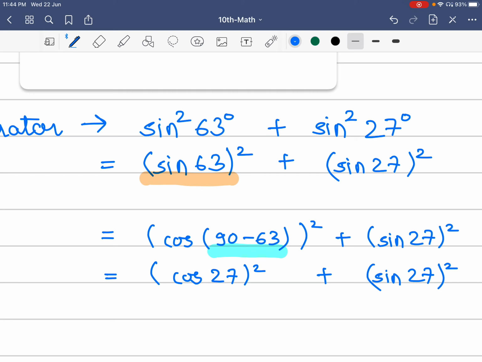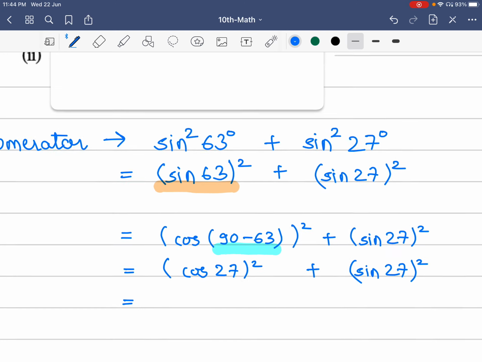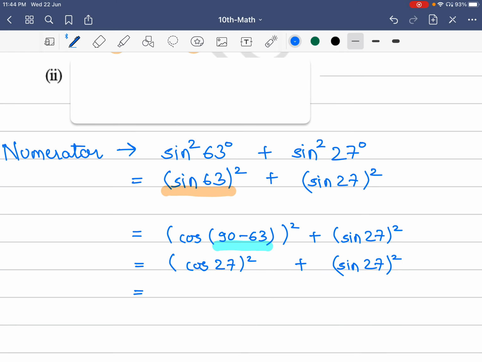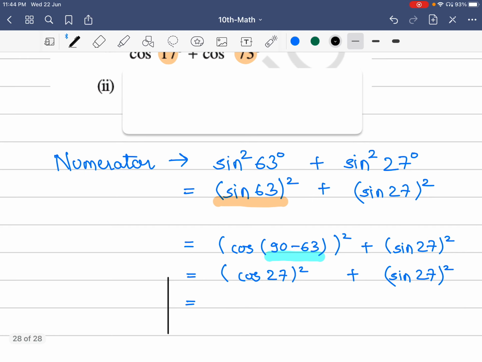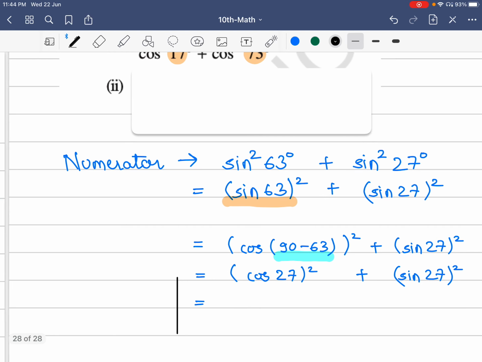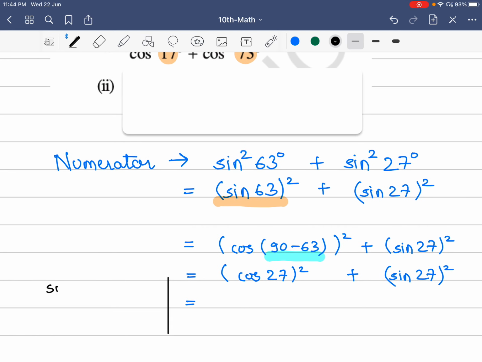And thus, as you can see, we have got a trigonometric identity. So I'm just going to mention the trigonometric identity here, and that trigonometric identity is sine square theta plus cos square theta is equal to 1. So in this expression, theta is equal to 27.